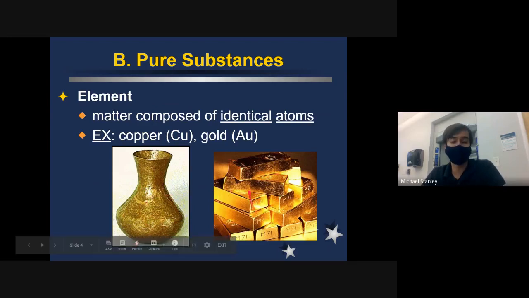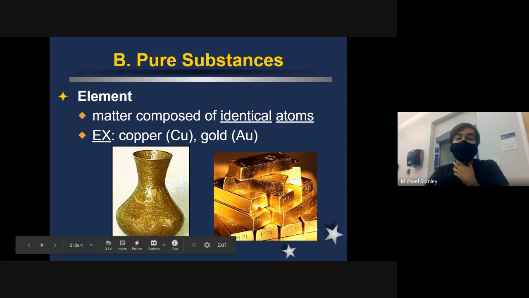Same thing with gold over here. So gold is also a type of atom. It's one of the weird ones where the symbol for gold is Au. And so these gold bars right here are all made out of the exact same element. They're all made out of 100% pure gold. There's no other atoms that are mixed in or combined or hanging out in these gold bars.